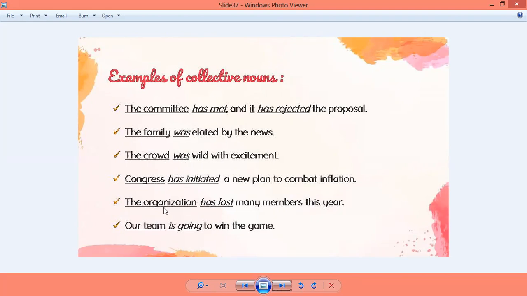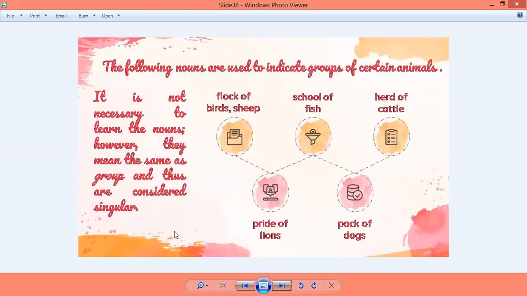Organization is again indicating a lot of people. यहाँ पे members है, but organization in itself is a collective noun. और जहाँ पे भी collective noun होता है, हमें पता है कि उसके बाद क्या होगा? Singular verb. Our team is going to win the game. Team is again a collective noun and hence is is used.